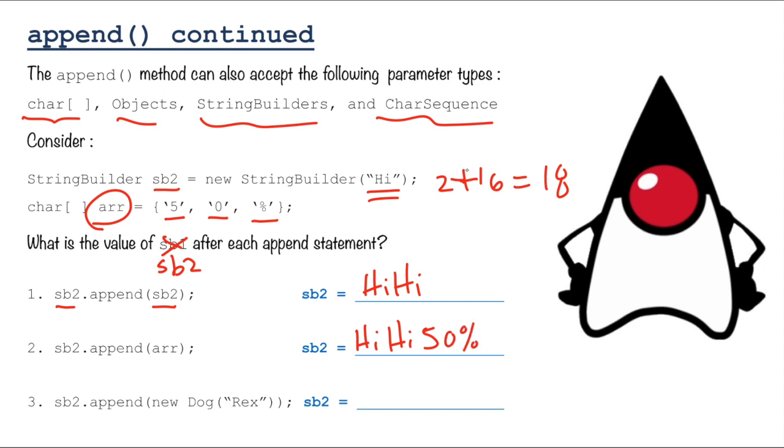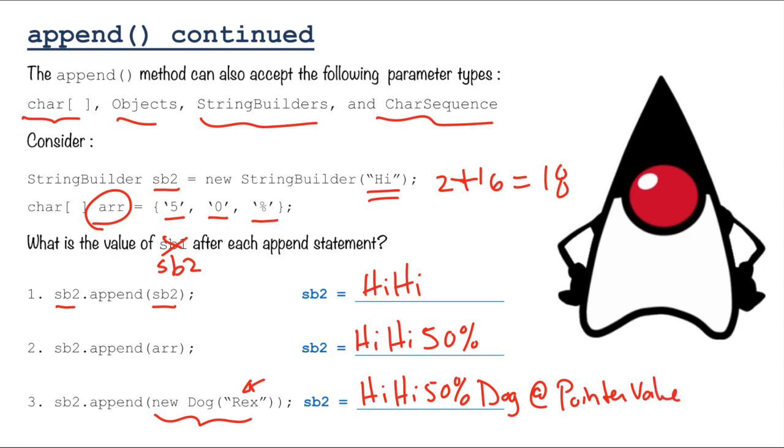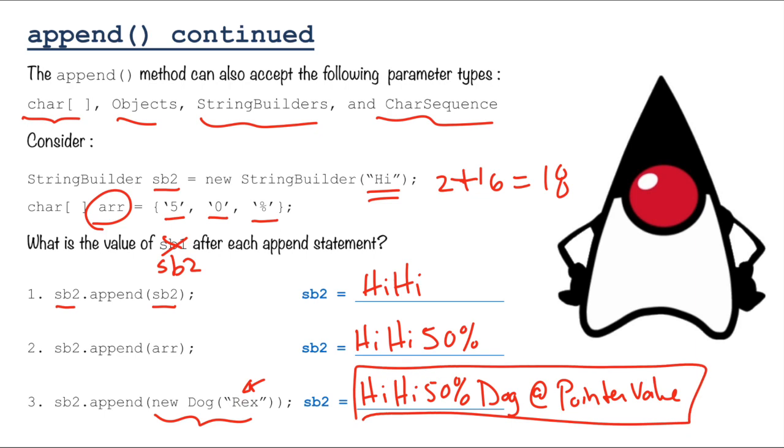And then we're going to append a new dog Rex, assuming that Rex is a parameter for a dog class constructor, and it is going to append what is stored by the new dog variable. So hi, 50%, and it's not going to append Rex, it's going to append dog class at some pointer value. And this is what would be stored in the character array for the StringBuilder object SB2.